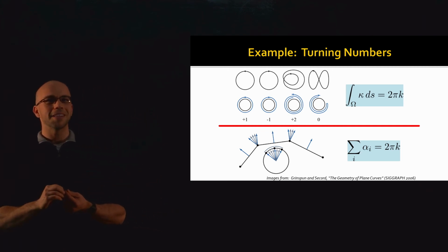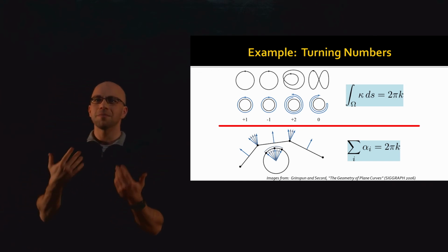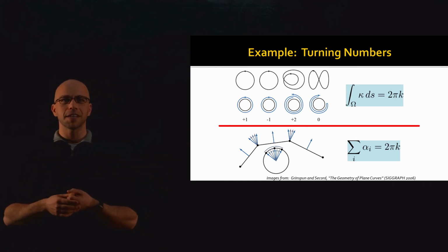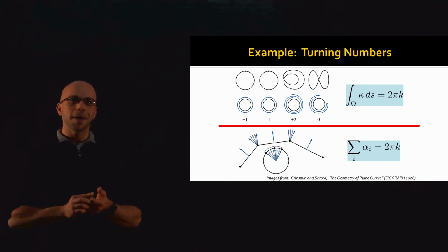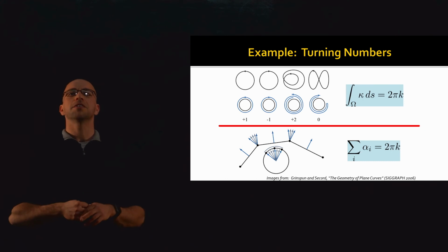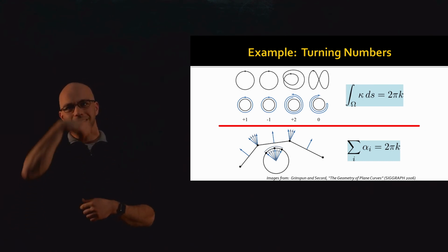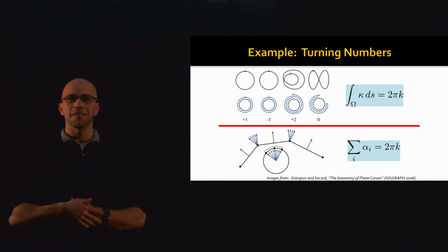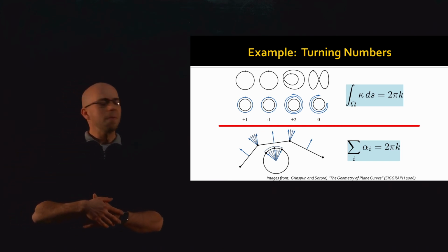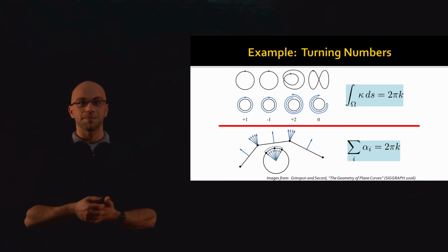So here's the theorem on the top. Essentially, curvature is some second derivative quantity. We're going to go through this in a lot more detail in a few lectures. But there's an interesting property of curvature, namely that when I integrate this local quantity along the whole curve, I get some topological invariant, like the number of times the curve twists over itself. And maybe that's a structure that we want to preserve when we discretize curvature.